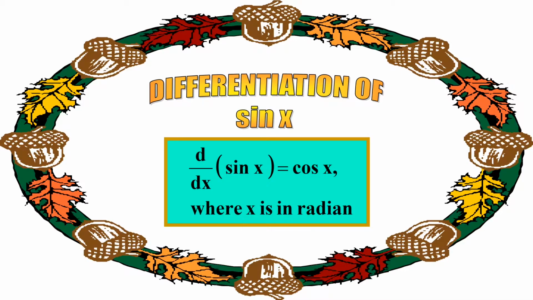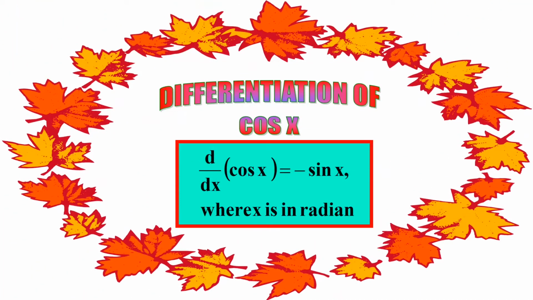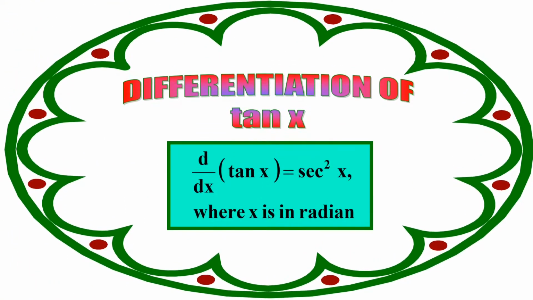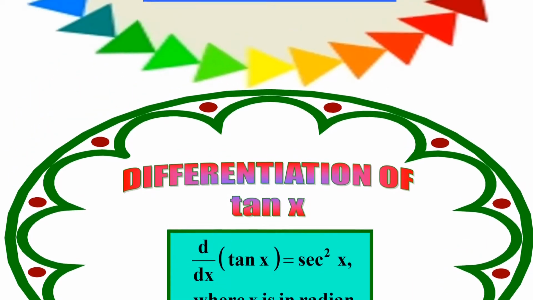To answer differentiation of trigonometry, you need all these formulas. The first one is differentiation of sine x, you will get cos x. The second one is when you differentiate cos x, you will get negative sine x. When you differentiate tangent x, you will get secant squared x.